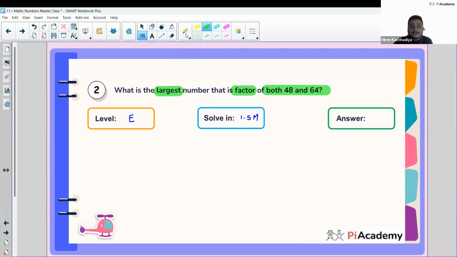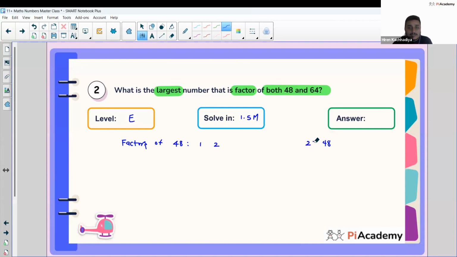First, we are going to list the factors, okay? So what are the factors we have for 48 that we can list? Okay, so factors of 48. Here we can start, okay? As I told you, we can just do 1 and 48, okay? Like this. And after that you can do 2 and 24, right?